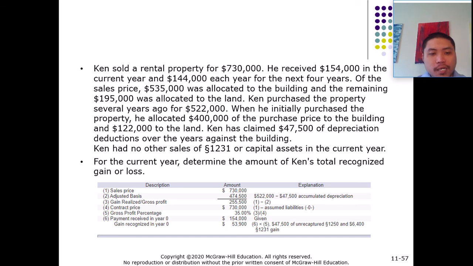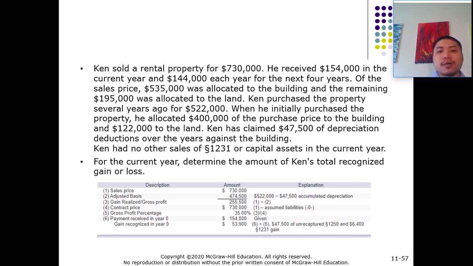All right. So now that we know the gain realized, we can calculate the ratio rate. We take the gain realized divided by the contract price of $730,000, and that gives us 35%. Now we just use this ratio to calculate the amount of gain that has to be recognized.